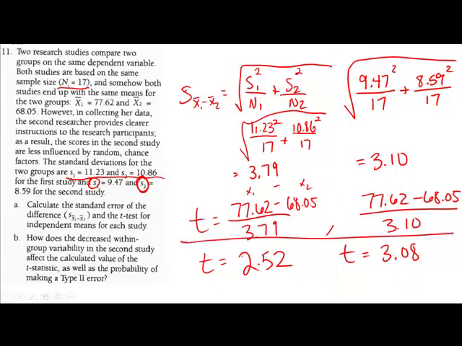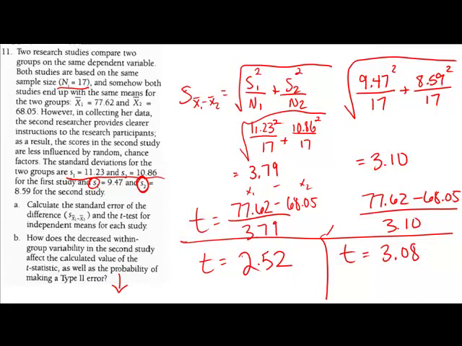We have a difference in the t-scores between the two groups. How does decreased within group variability affect the calculated value of the t-statistic? Well, it actually increases the t-statistic, and we're actually reducing the probability of a type 2 error.